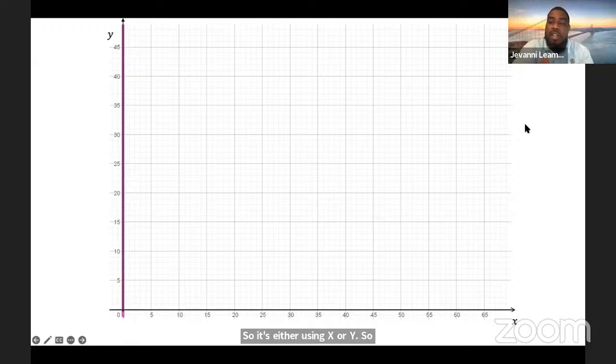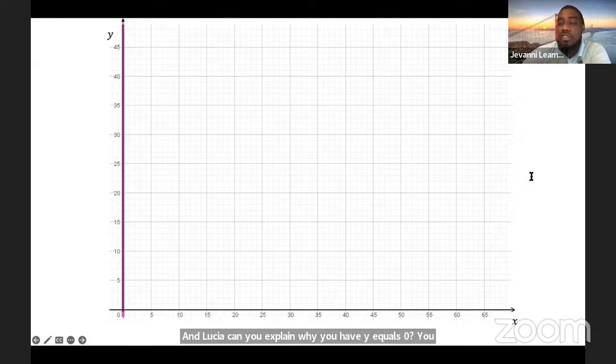McCarthy, can you explain why you have x equals 0? And Lucia, can you explain why you have y equals 0? You can open your mic for me, please, the two individuals. Nothing? Okay. Maybe anybody, they can type. If they can type quickly, they can do it in the interest of time.